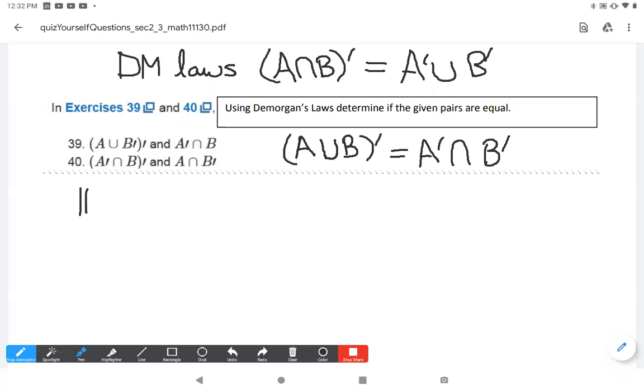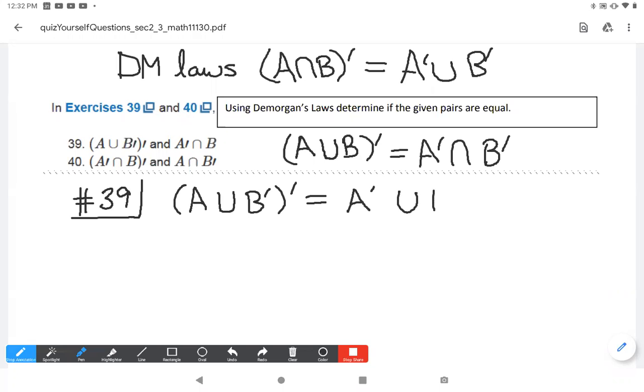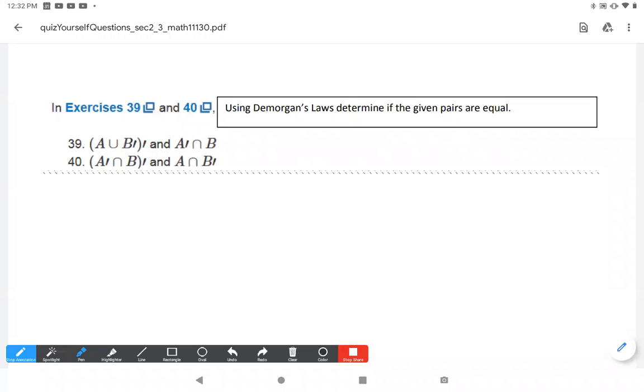So for number 39, we're going to use De Morgan's law to show whether or not these two given sets are equal. So using De Morgan's law, we distribute the negation, and flip the sign. Okay, let's do this one again.